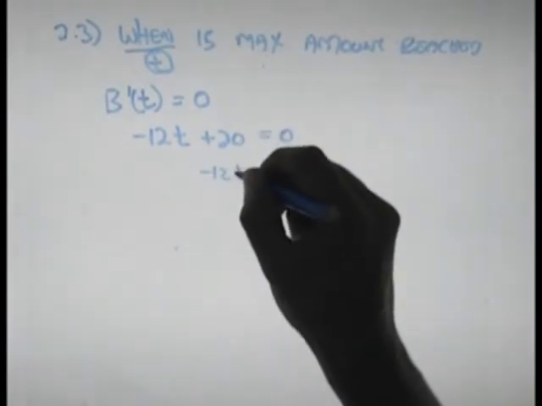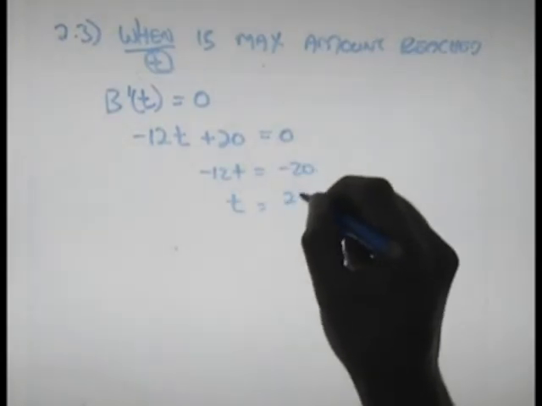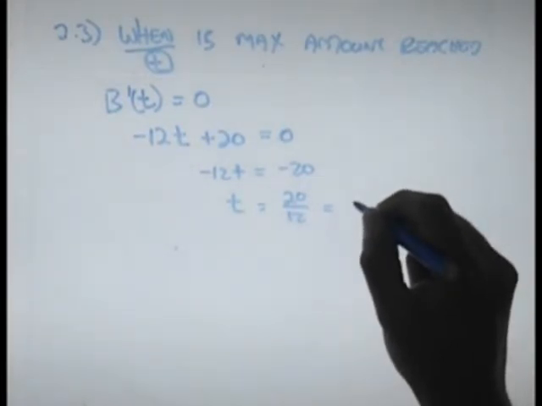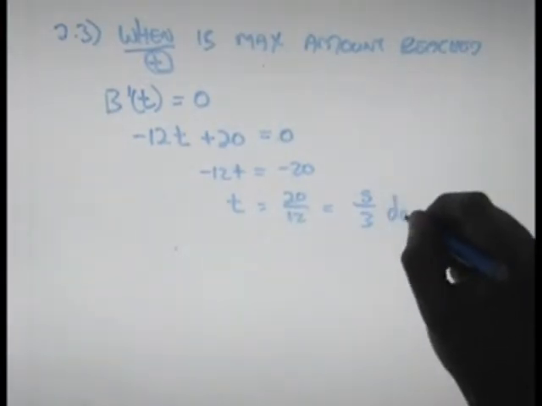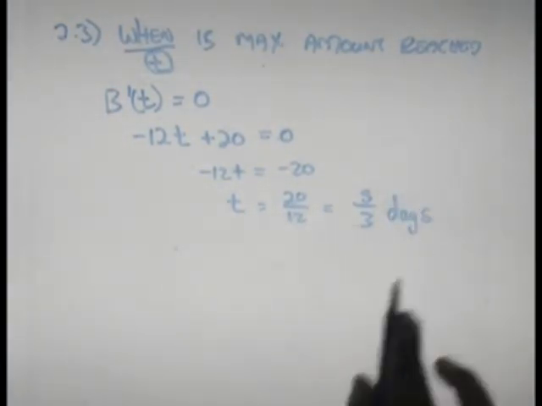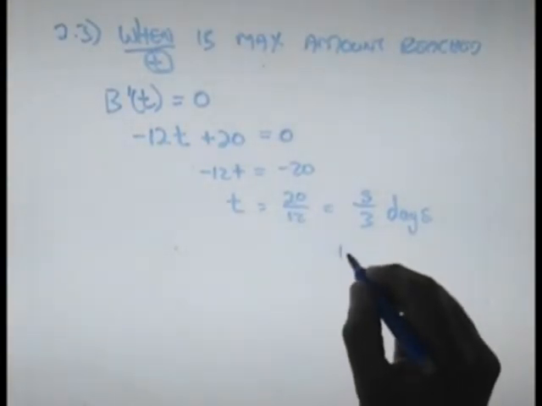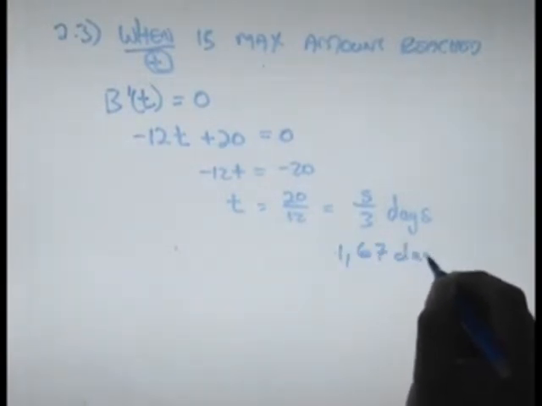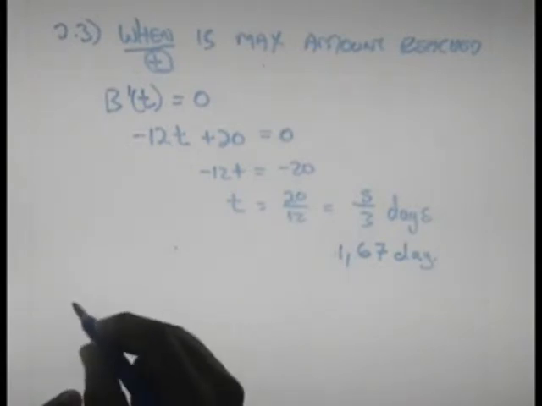That means that negative 12t is equal to negative 20, t is equal to positive 20 over 12, which is equal to 5 over 3. So at the point 5 over 3 days, or 1.67 days, right? So just under 2 days, the maximum amount of bees are reached.